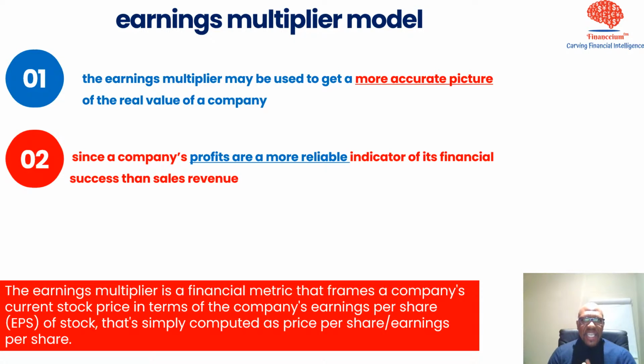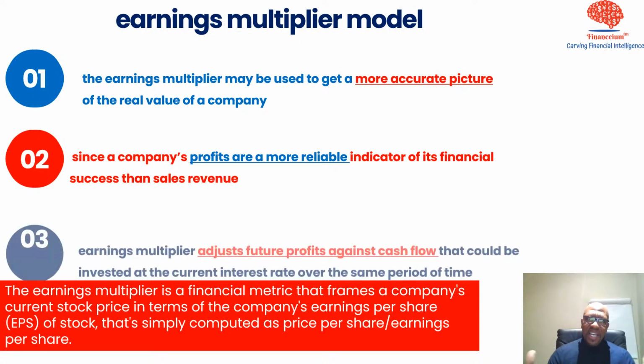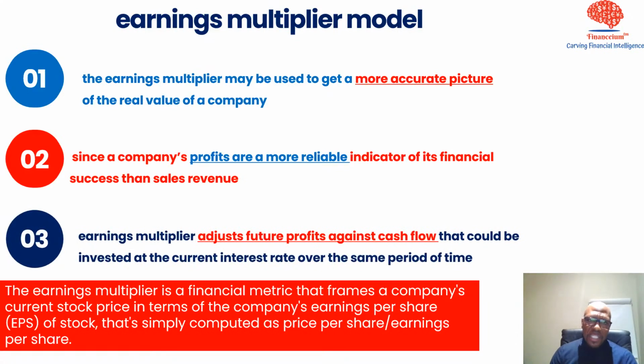Secondly, we already know by now that profits are more reliable indicators of financial performance and financial well-being than their counterpart, sales revenue. And lastly, we adjust future profits against the cash flows. Now, the cash flows come again. You remember we had a series on cash flows. So this approach adjusts the future profits against the cash flow that could be invested at the current interest rate over a certain period of time.